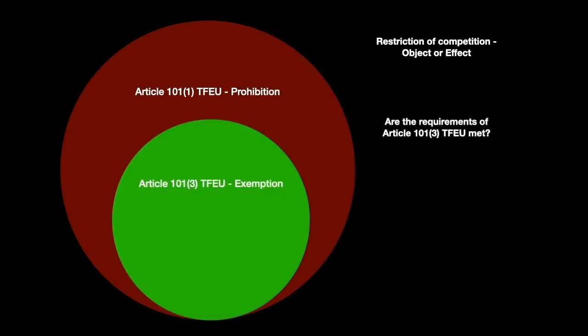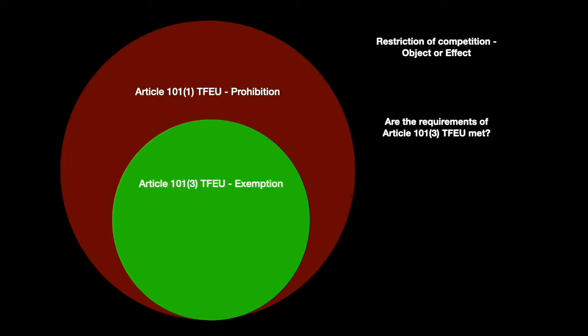Now, within that circle, some agreements or some restrictions meet the requirements of Article 101.3. In that case, these agreements will qualify for exemption under Article 101.3, again, as long as the cumulative requirements of Article 101.3 are met by that agreement or restrictive clause.